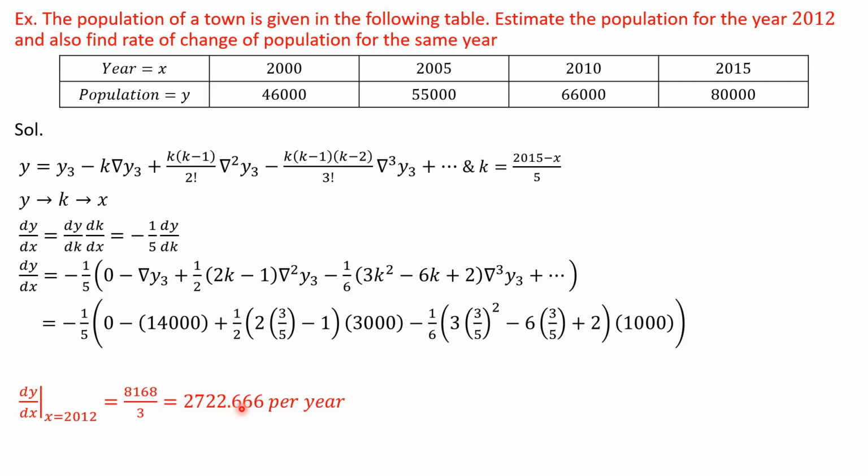Now the same example you can solve using the forward difference table also. Even though we are finding the value for 2012 which lies on the right side, for the same example we can use Newton's forward difference interpolation also, and that will give us the same answer. But why are we using forward and backward then?